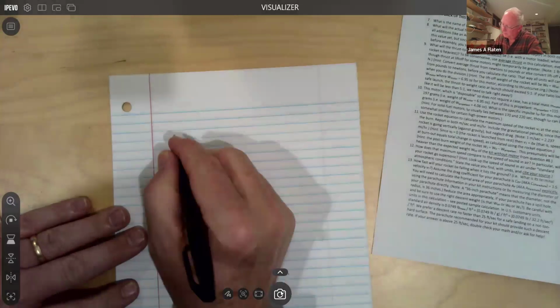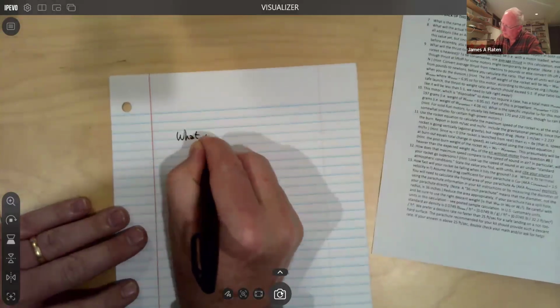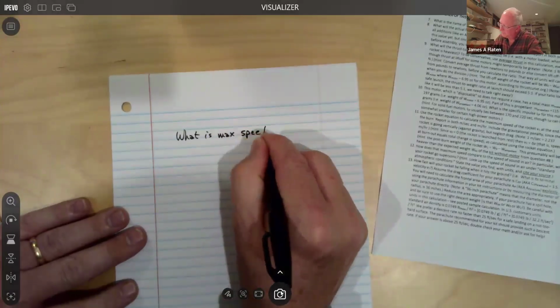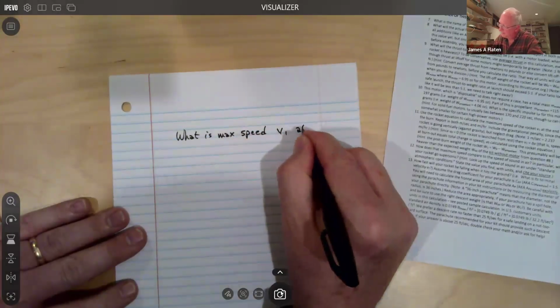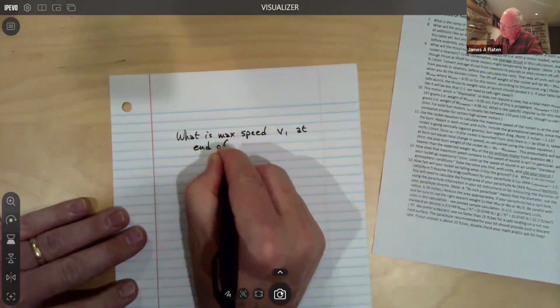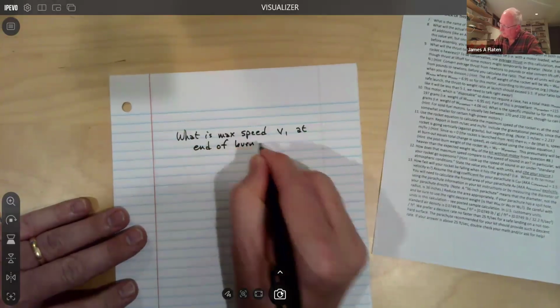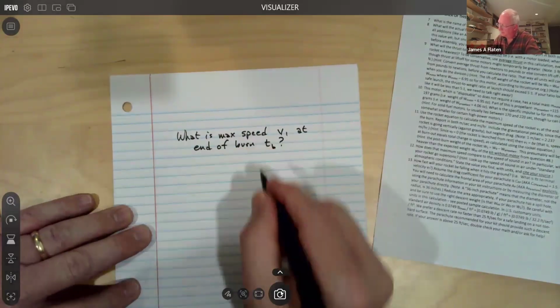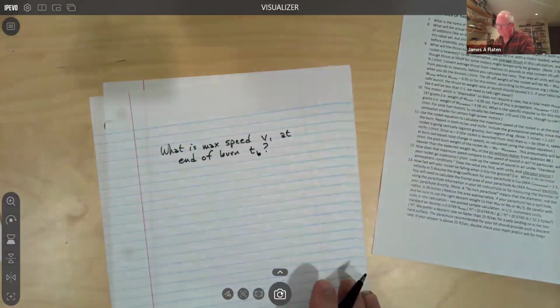So I'll write down the question briefly. What is max speed, V1, at end of burn? TB stands for burn time.